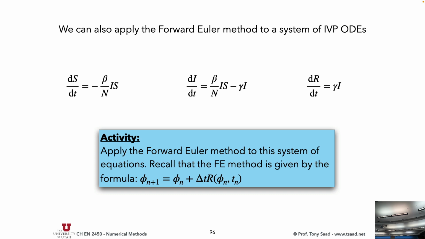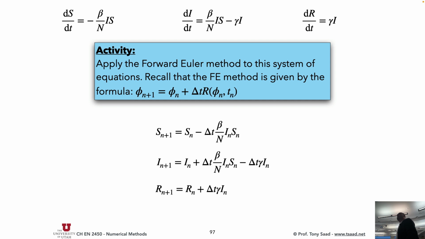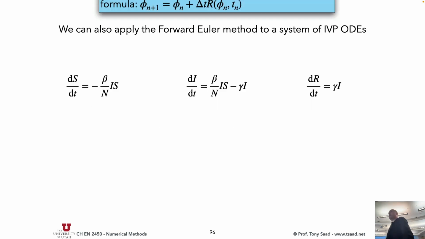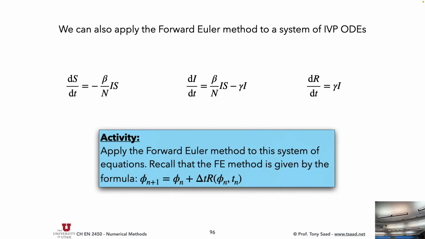You got something? Are we doing 3 Eulers at the same time to do this? Of course, yeah. It's just like you applied it to a single equation. It's 3 lines. I thought you wanted us to write out every step, like S1.